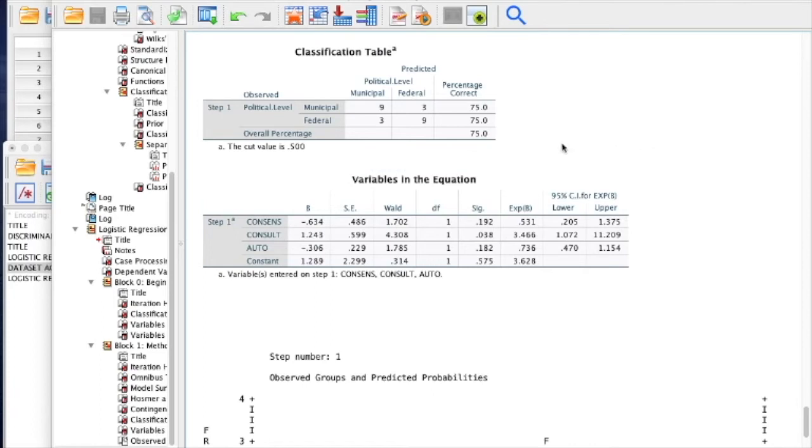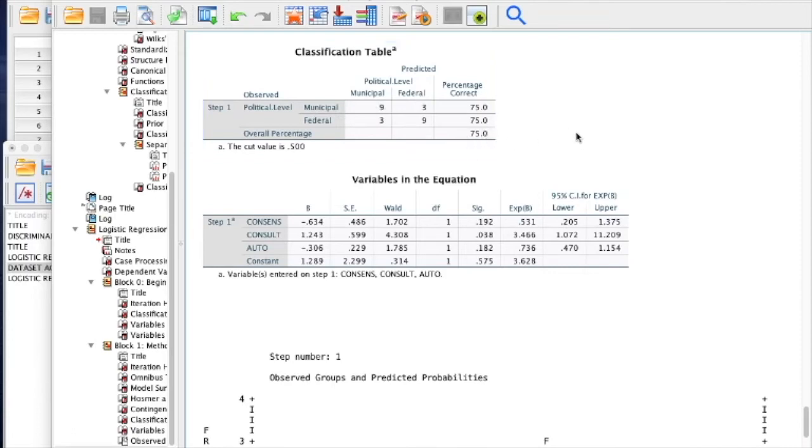Okay, and then here we get to see what this classification table looks like. Compared to, remember when there was nothing in the model, it just put everything into federal, 12 and 12. Here, it's saying, okay, it's guessing that this 9 and these 3 are at the municipal level, this 3 and these 9 are at the federal, and it was right about 75%.